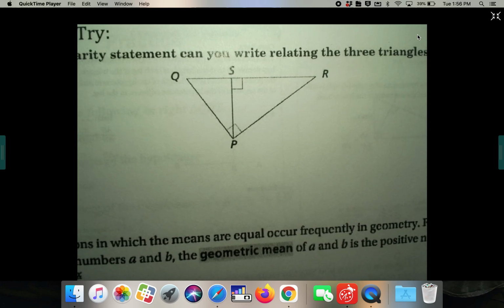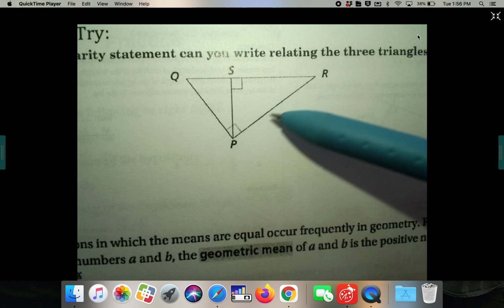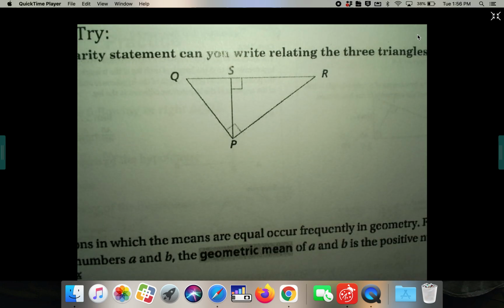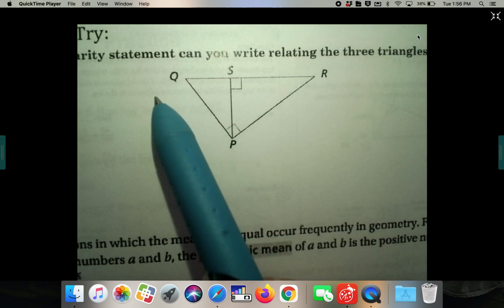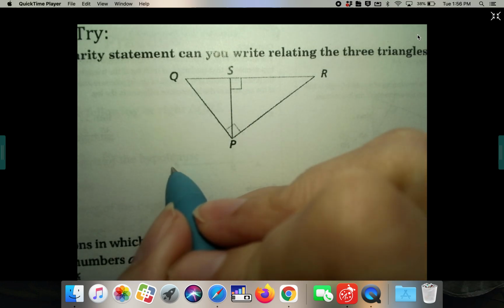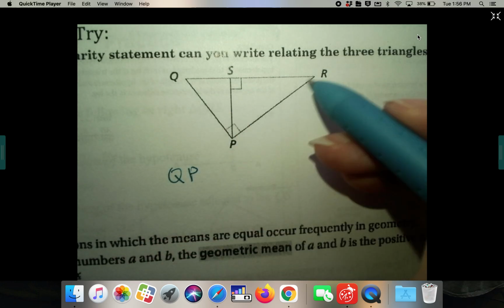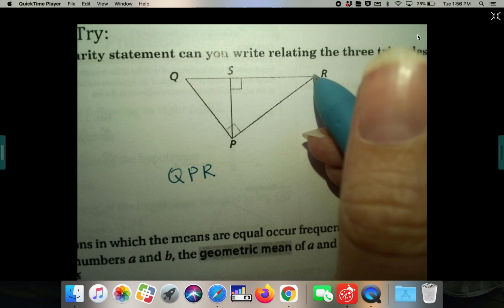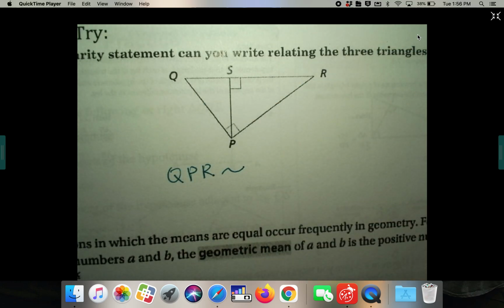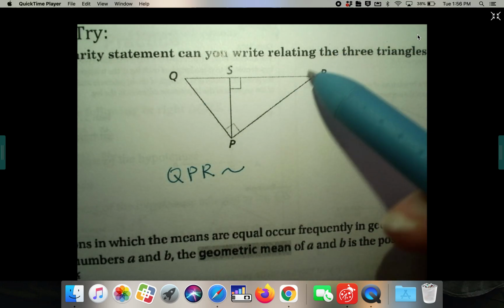Okay, if you're not quite ready, in my head, I like to say short leg, long leg, hypotenuse. So I'm going to look at the first one and say short leg, which is Q to P, long leg, which is to R, and then hypotenuse. And that one is similar to, I'm going to look at the medium one now, this one on the right.